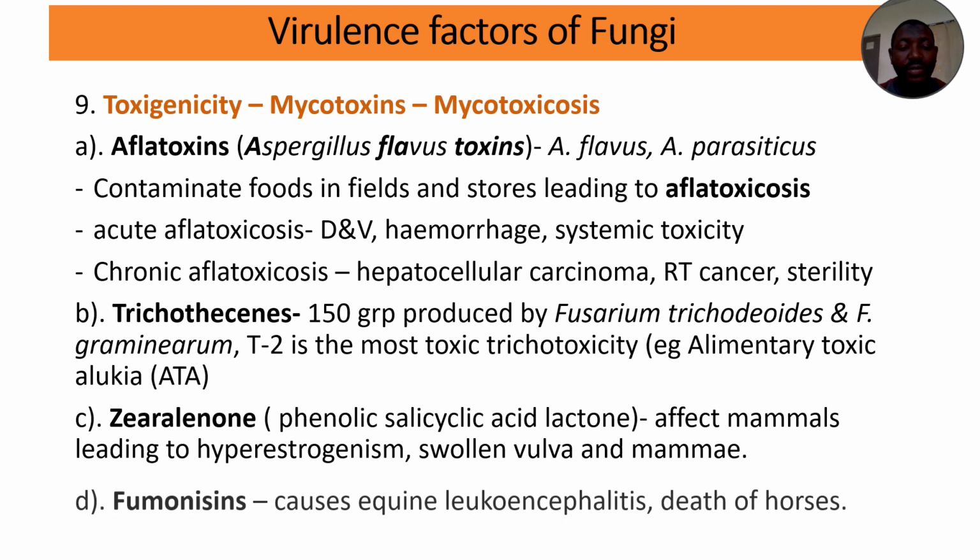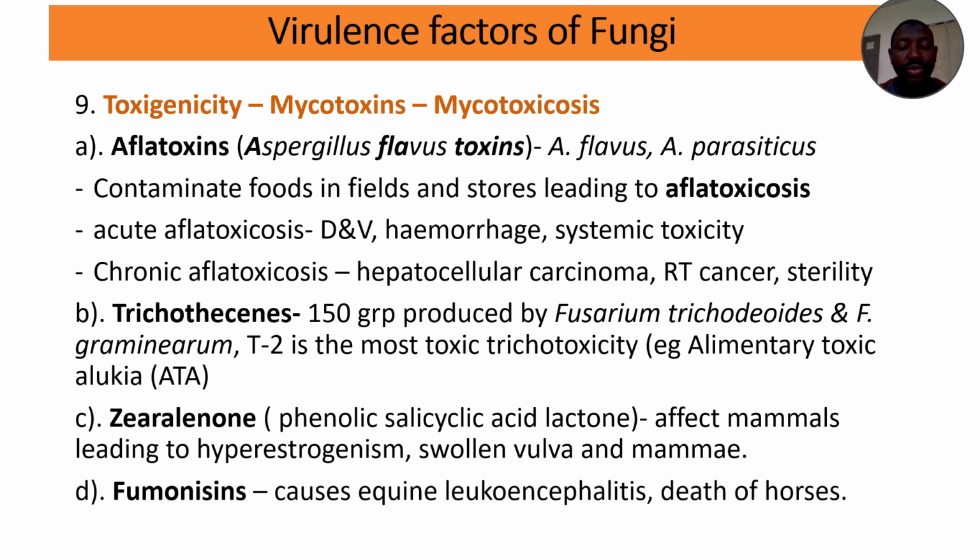Now we have the last one among the 4 important mycotoxins, which are the fumonisins. Fumonisins are also a group of mycotoxins that have several classes. However, the most important one is fumonisin B1, which is produced by members of Fusarium species. This particular toxin has been found to cause toxicity and mortality in horses.